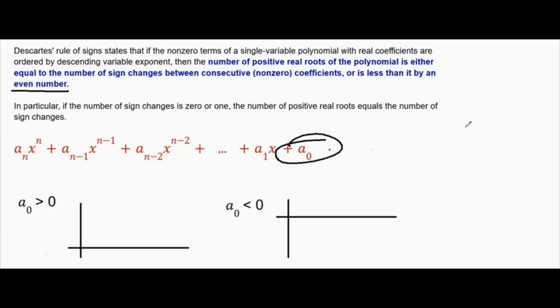And if the constant is positive, well, then it's going to be somewhere on the y-axis. And we know because of the behavior of polynomials that if the leading coefficient is positive, this is going to rise from right to left. It has to. So what are the possible numbers of roots that could come about?